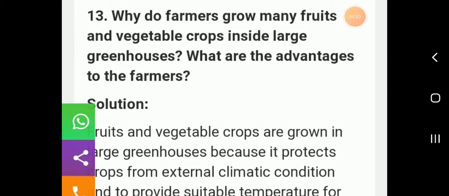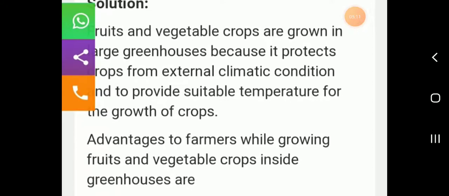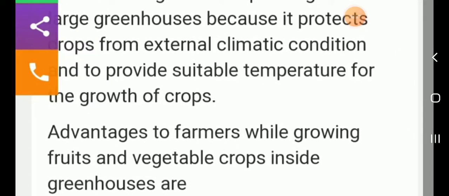Okay. Next, students, why do farmers grow many fruit and vegetable crops inside large greenhouses? What are the advantages to the farmers? Listen, fruits and vegetable crops are grown in large greenhouses because they protect crops from external climatic conditions and provide a suitable temperature for the growth of crops.